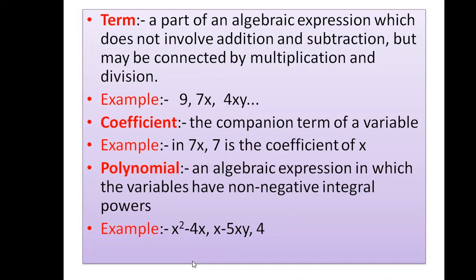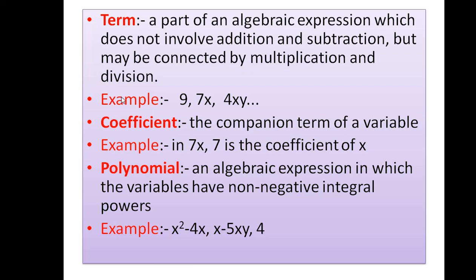Then next comes term. A part of an algebraic expression which does not involve addition and subtraction but may be connected by multiplication and division. So if a term is there, it will have constants or variables connected by multiplication and division but not addition and subtraction.